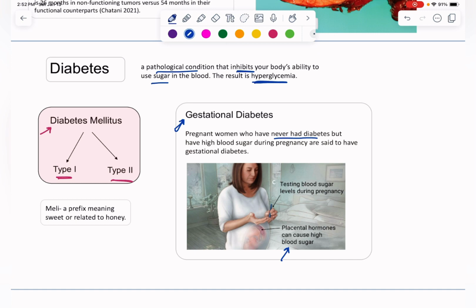It's just a form of diabetes that can occur during pregnancy, and it goes away at the end of pregnancy. But the other two types of diabetes fall under what we call diabetes mellitus. Mellitus is a prefix that means sweet or related to honey, and that refers to the high blood sugar levels. And you can have type 1 diabetes or you can have type 2 diabetes.